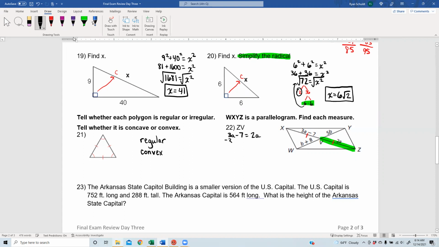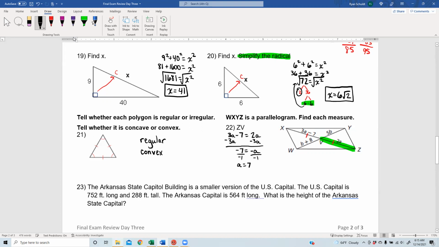So I'm going to move the 3a over. It's going to give me -7 equals -a, which means a equals 7. If I just divide the negatives out, I'll actually show it. I was going to try to skip a step, but no, I'll show it. Divide by -1, that means a equals 7.